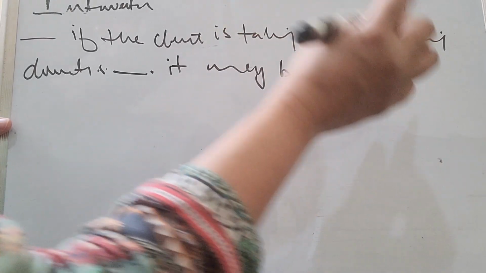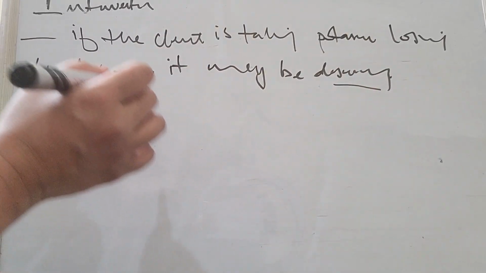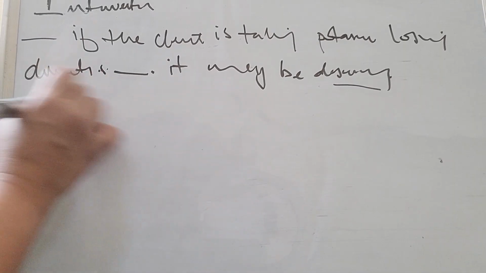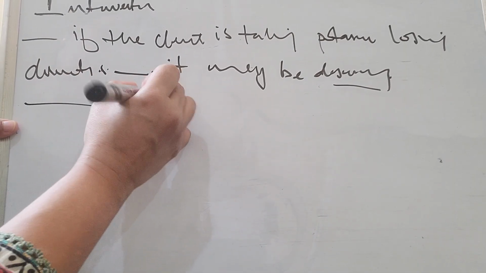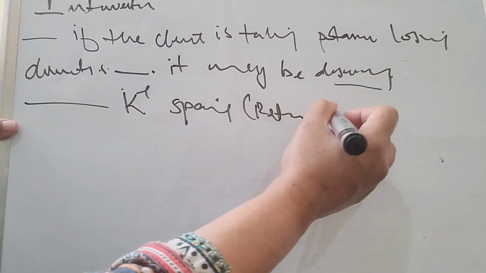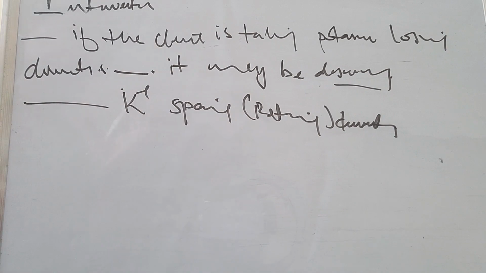If the patient is taking a medicine that decreases the potassium level, it may be discontinued. And what will we give? Potassium-sparing diuretics. Potassium-sparing means retaining diuretics. We will use diuretics that increase the potassium level.